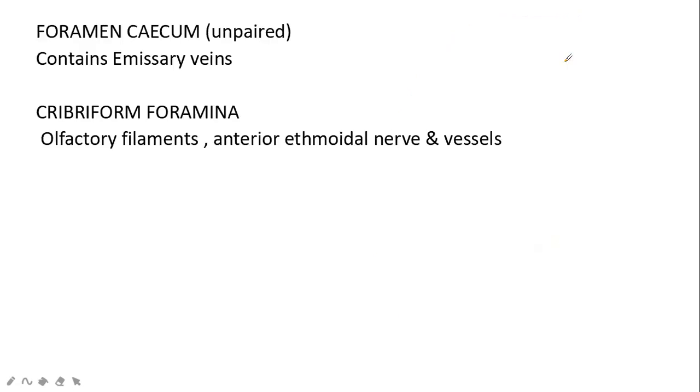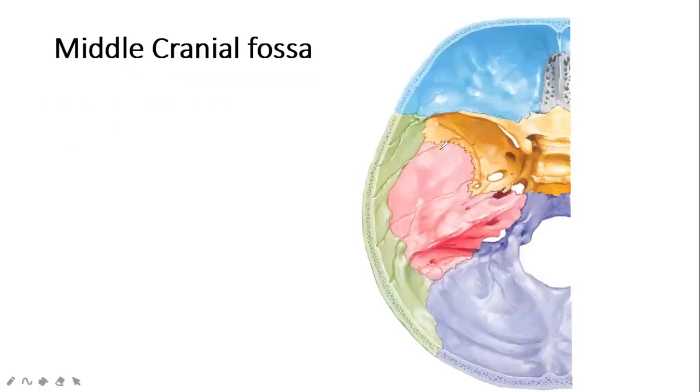So three things we have talked about. Through the foramen cecum, we have the passage of the emissary veins. Through the cribriform foramina, we have the passage of the olfactory filaments, anterior ethmoidal nerve, and vessels.